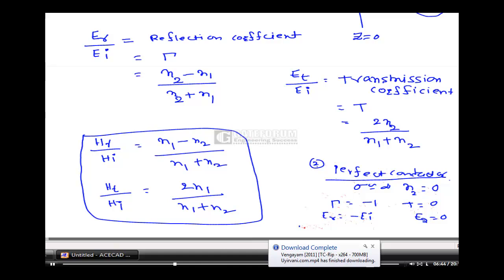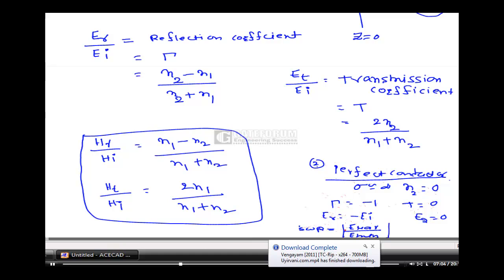VSWR means voltage standing wave ratio, the ratio of the magnitude of maximum to minimum, Emax by Emin.